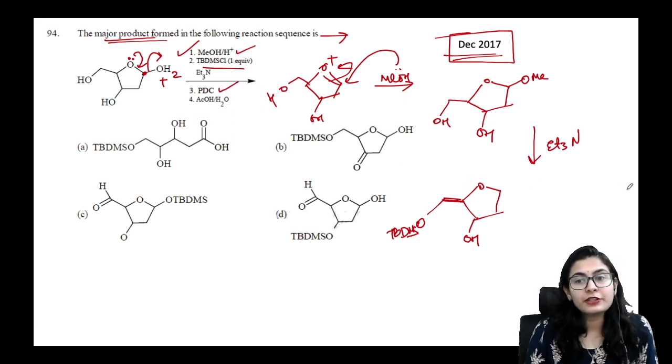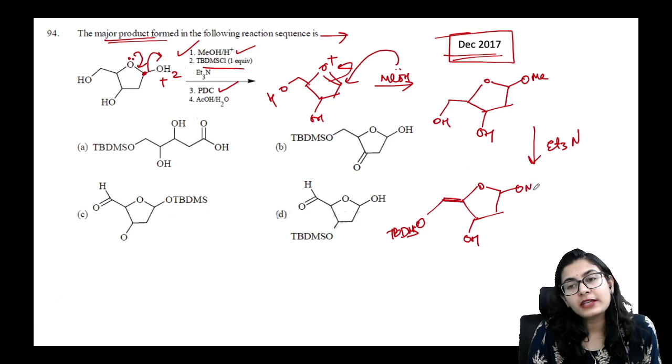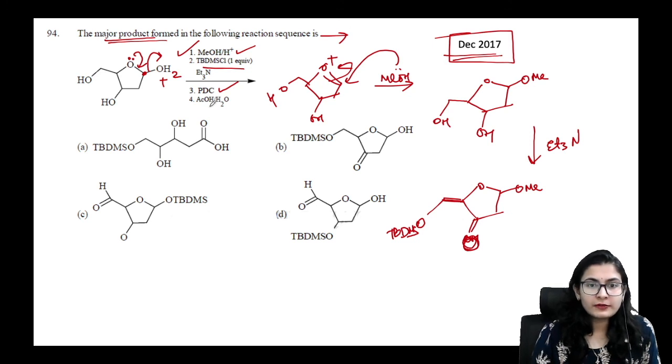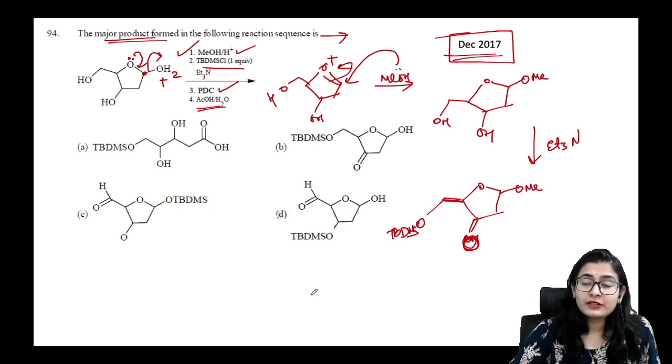What is the PDC going to do? PDC is doing the alcohol oxidation, followed by acetic acid and H2O. So what is the acetic acid going to do? Yes guys, what does the acetic acid do?